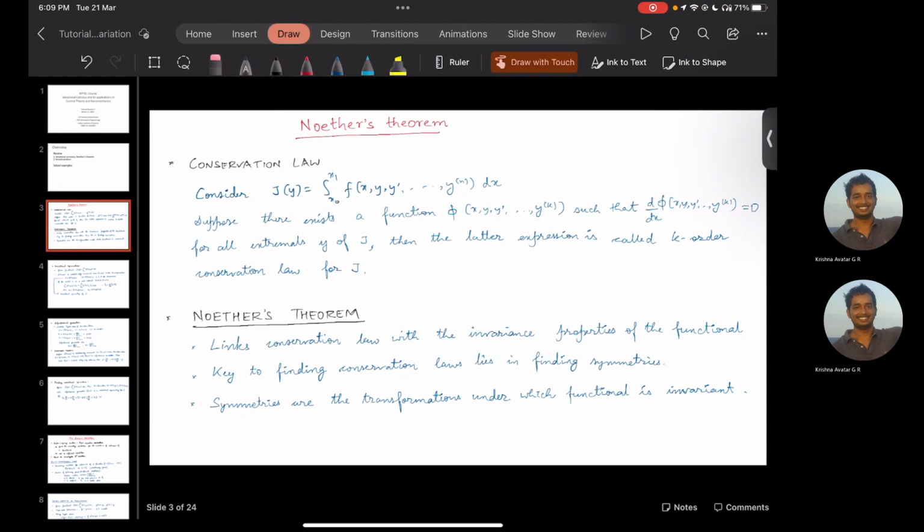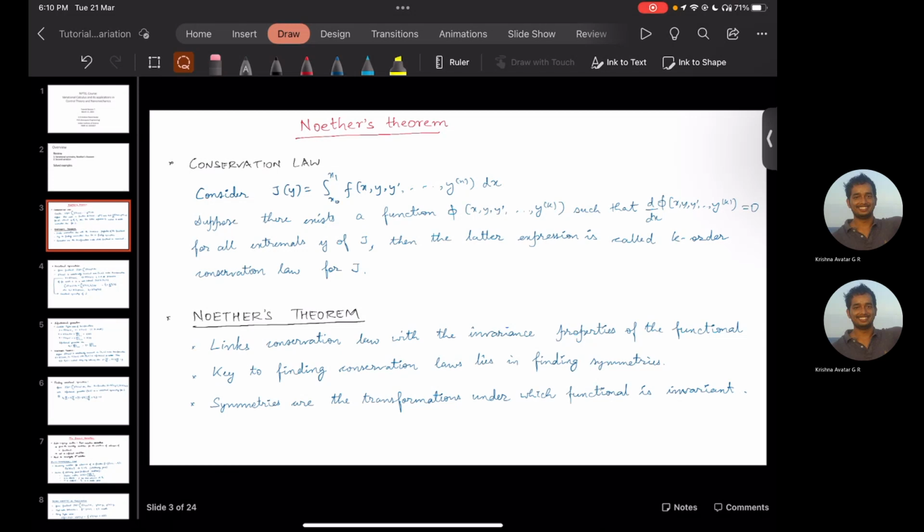Now suppose there exists a function phi of x, y, y prime, till y^(k), such that the derivative of this function with respect to x is 0 for all extremals y of J. Then this expression is called the kth order conservation law for the functional J.